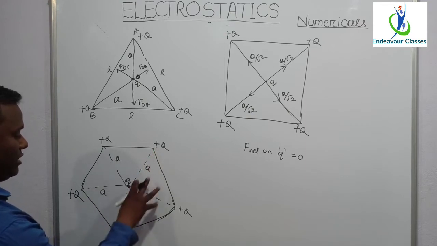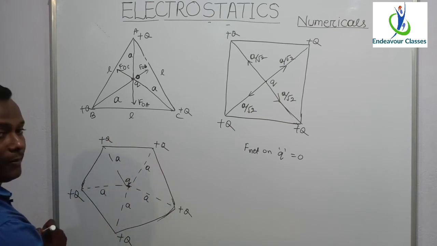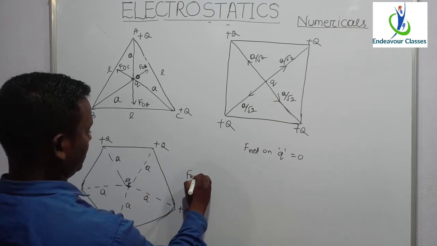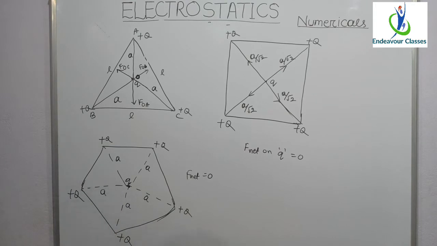So these 5 distances will be equal and these forces will also be equal. So from the symmetry we can say here also the F net on this small q will be equal to 0.